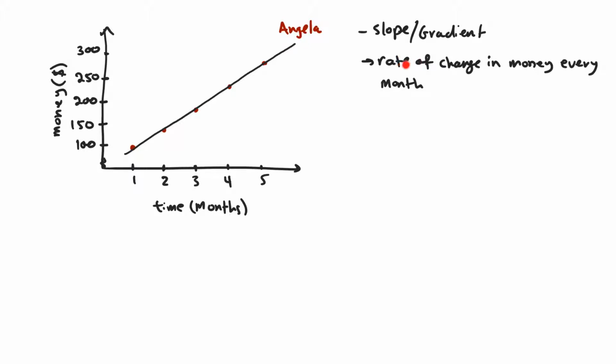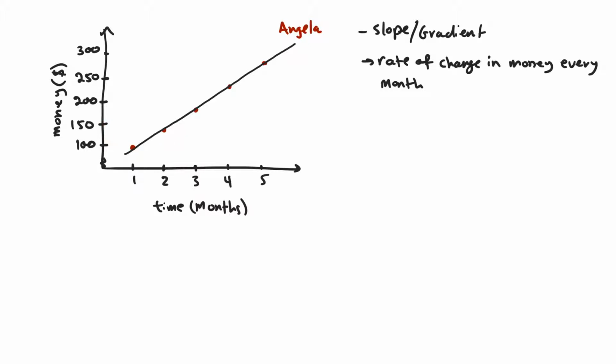So the slope again is the rate of change in money every month. So we want to see how much money Angela is making every month. And looking at this graph right away, we can actually see it. We can see that in one month, she went from $100 to $150.